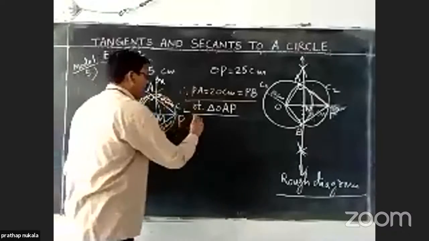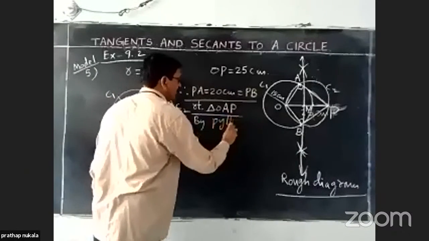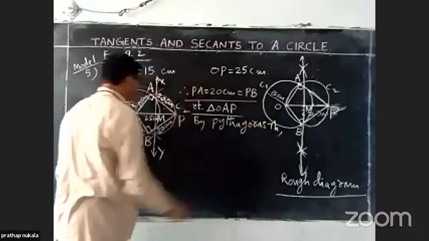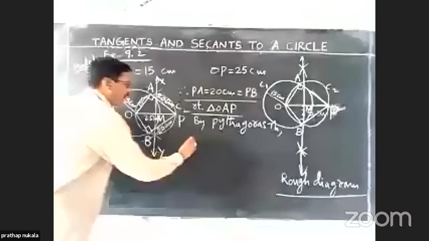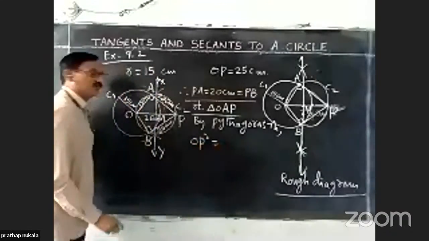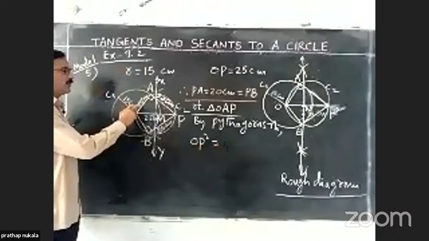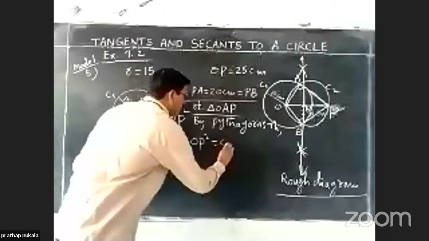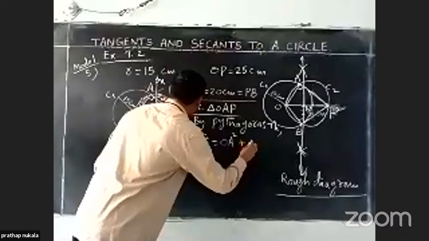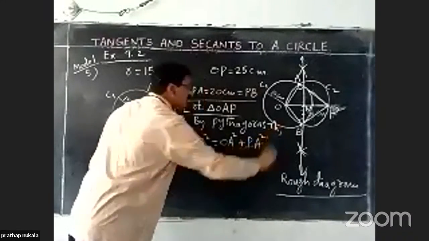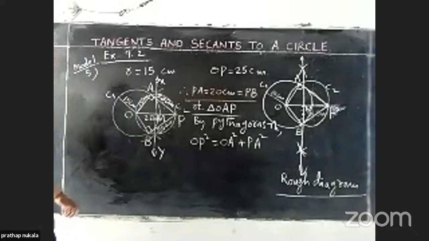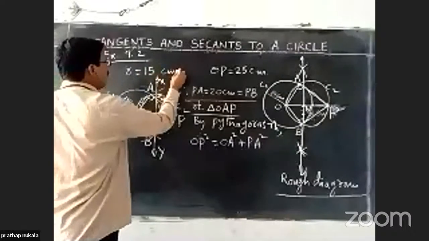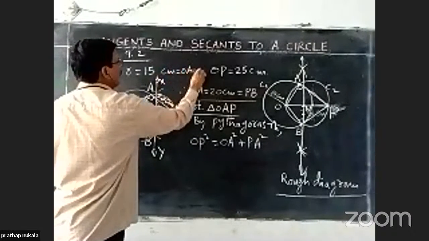Therefore, by Pythagoras theorem, the square of the hypotenuse, that is OP square, equals the sum of the squares of the other two sides. What are the other two sides? OA and PA. That means OP square equals OA square plus PA square. Already OP and OA are given. OA is equivalent to OB also.